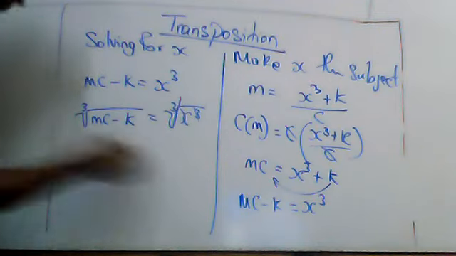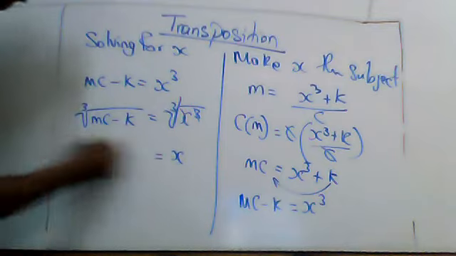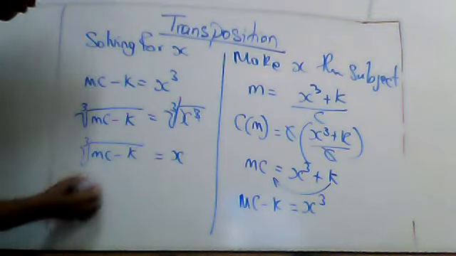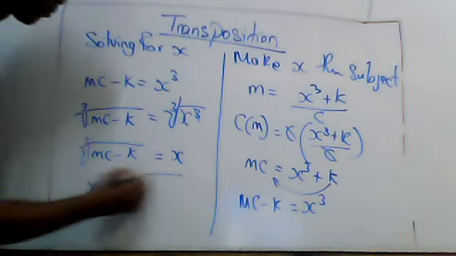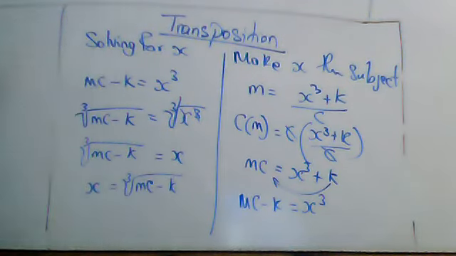So cube root cancels cube. So we have x being equal to the cube root of mc minus k. Just rewrite it and put it on the left hand side. That will be our solution for the transposition question.